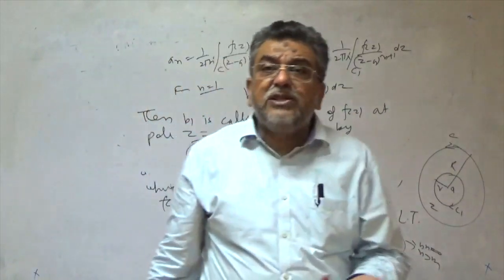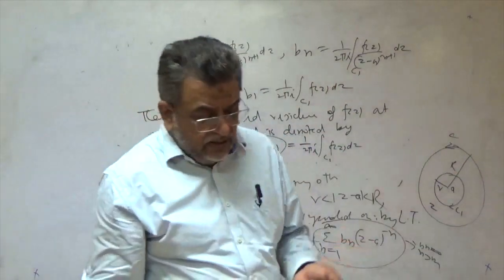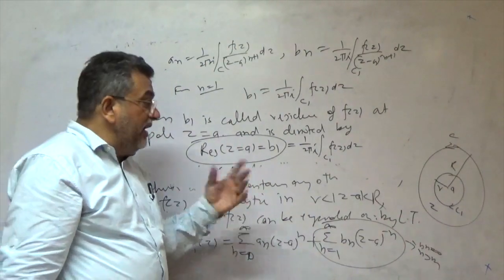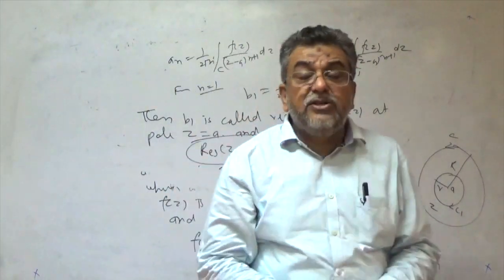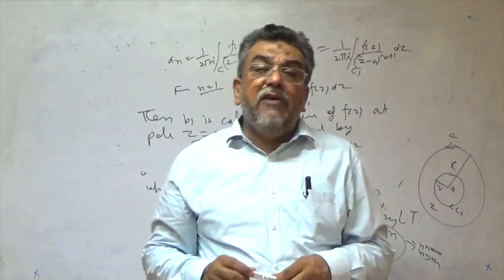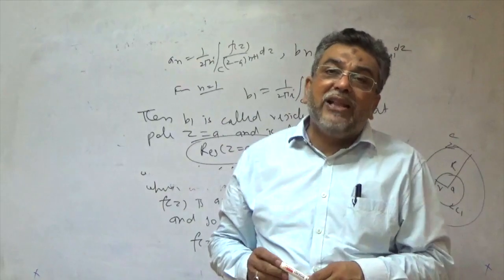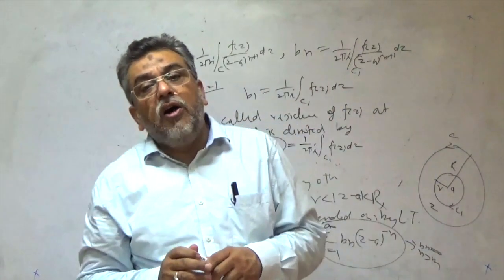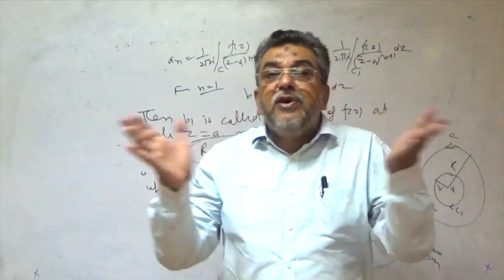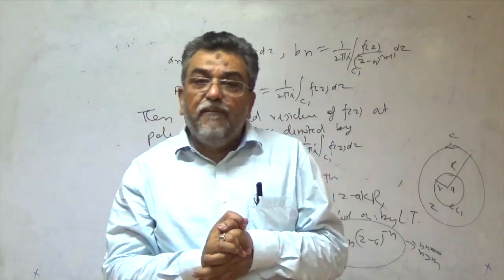In the next lecture, I will discuss some other concepts based on the residue, and then I will tell you the methods to find the residue at a pole, because we have two types of poles. One is the simple pole.